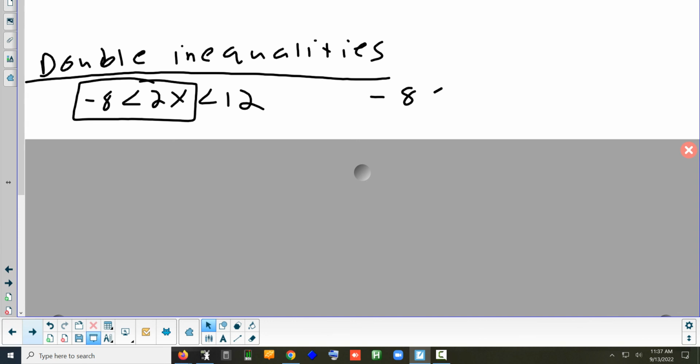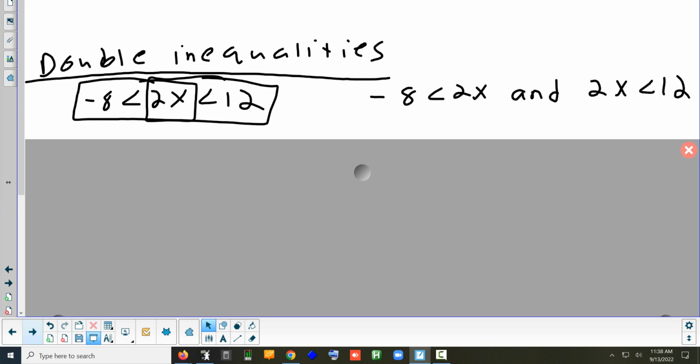So this would be like -8 is less than 2x, and 2x is less than 12. If you can't get the x alone in the middle easily, and in this one you could, all you'd have to do is divide everything by 2, and you'd be done. But if you can't, split it back into its original 2 problems, and then solve each one separately.